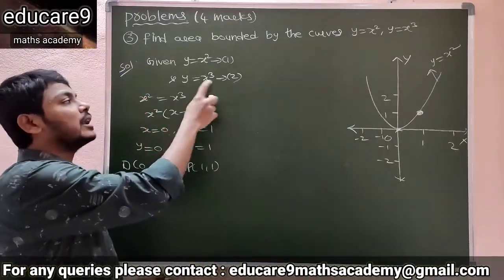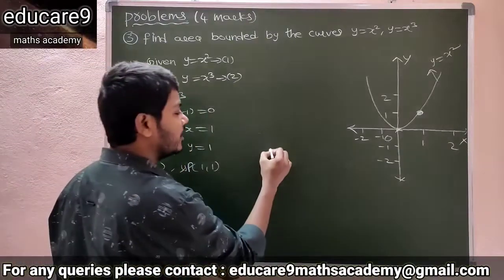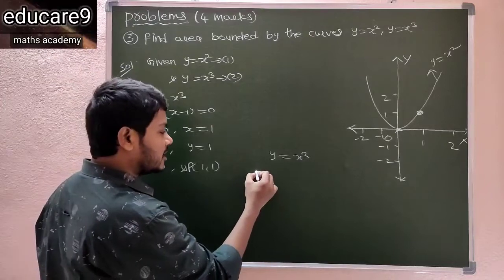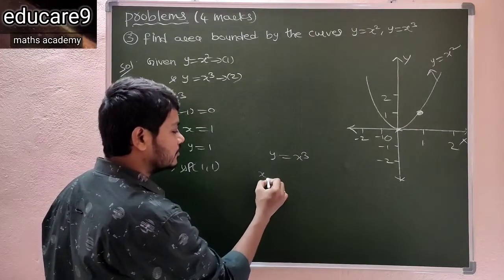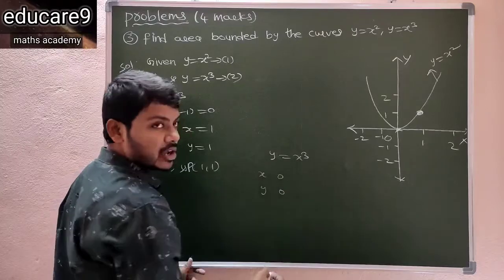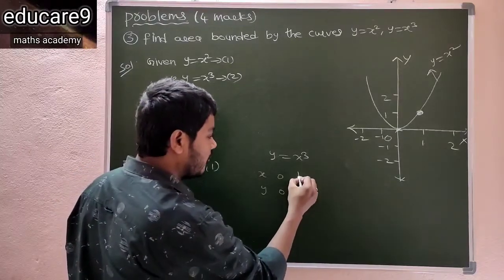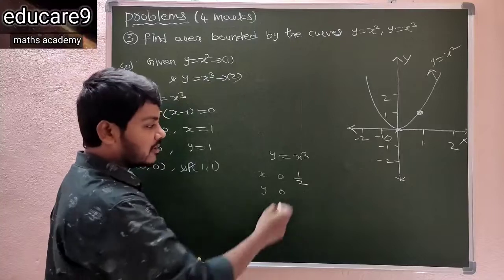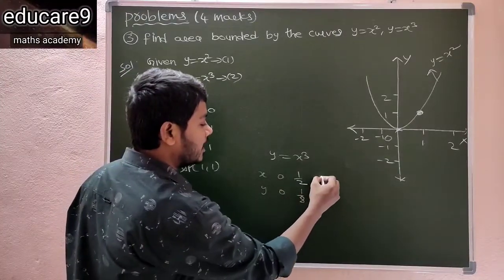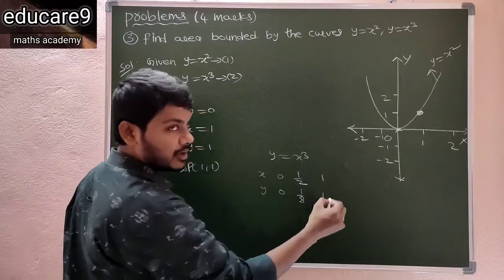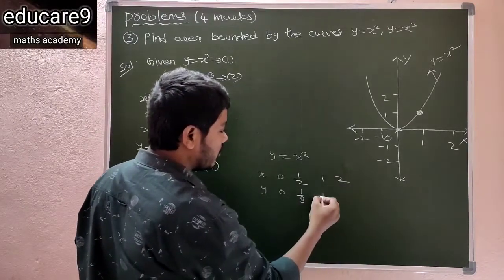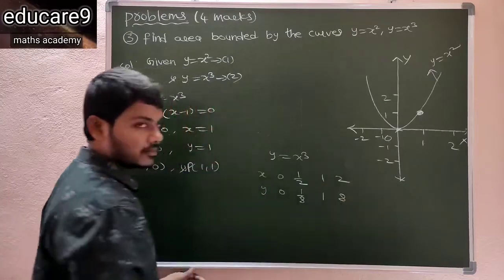Now here you have to draw the graph of y is equal to x cube. So for example, x is equal to 0. What is the y value? 0. x is equal to 1 by 2. What is the y value? 1 by 8. x is equal to 1, y is equal to 1. x is equal to 2, y is equal to 8.